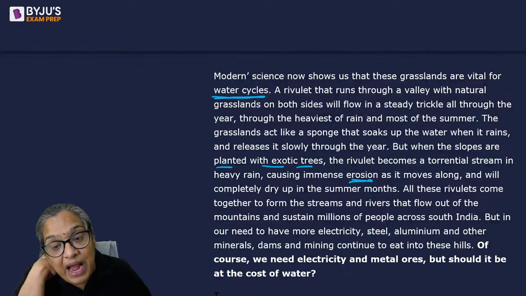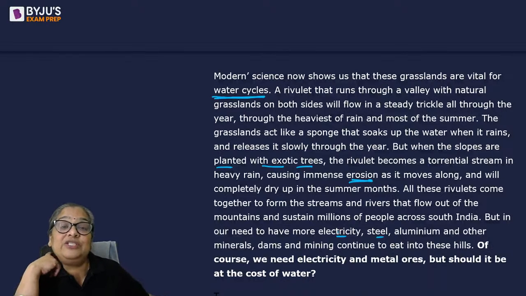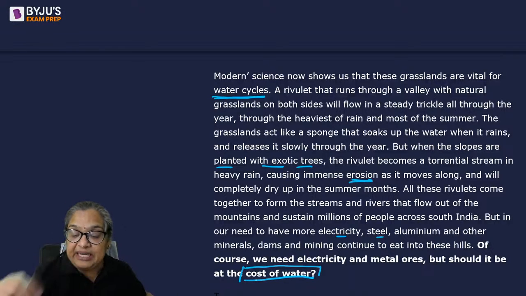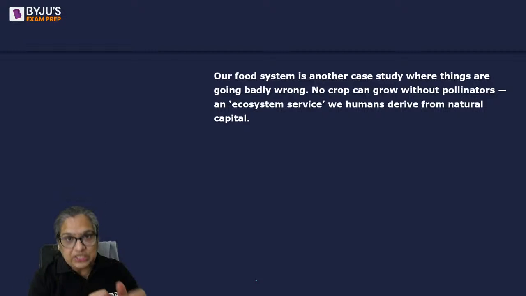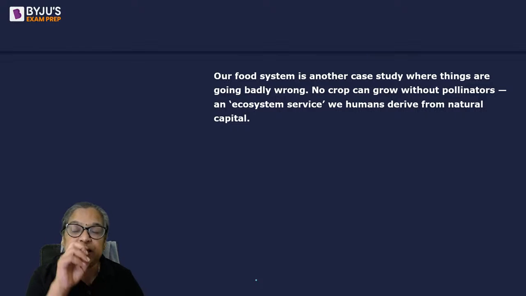In our need to have more electricity, steel, aluminium, and others, we are eating into the hilly regions of India, and as a result, we are not having enough water. And as somebody said, wars, interstate conflict, international conflicts will be on the basis of water.